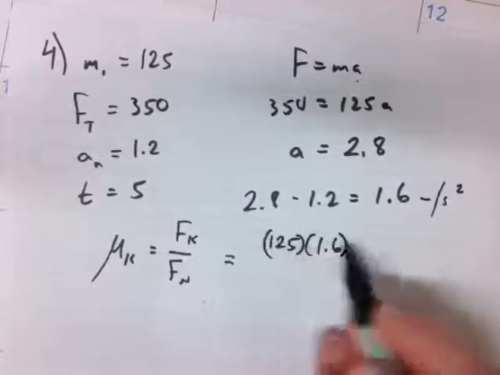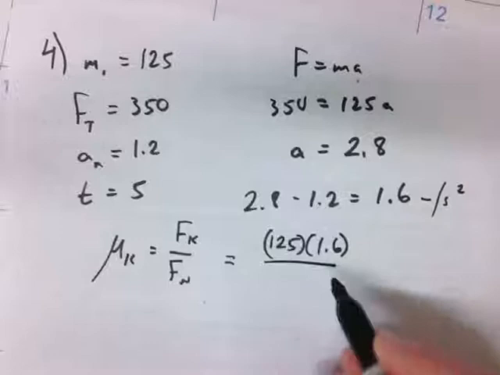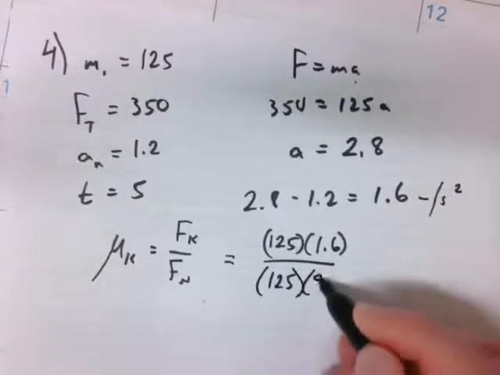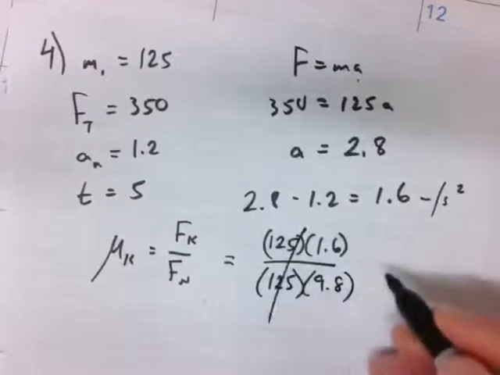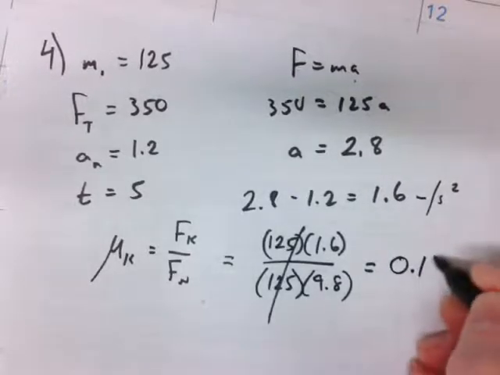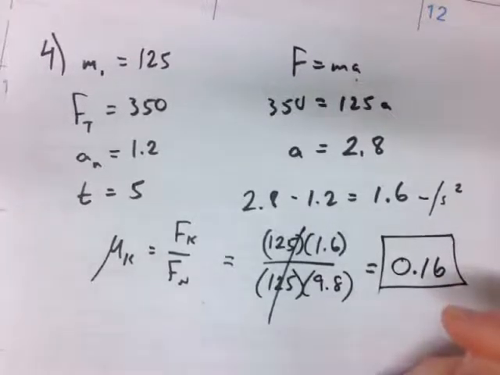This is the force of friction, mass times the acceleration of the friction, divided by normal force, which is 125 times 9.8. We can cancel these. 1.6 over 9.8 is 0.16. So the coefficient of kinetic friction is 0.16.